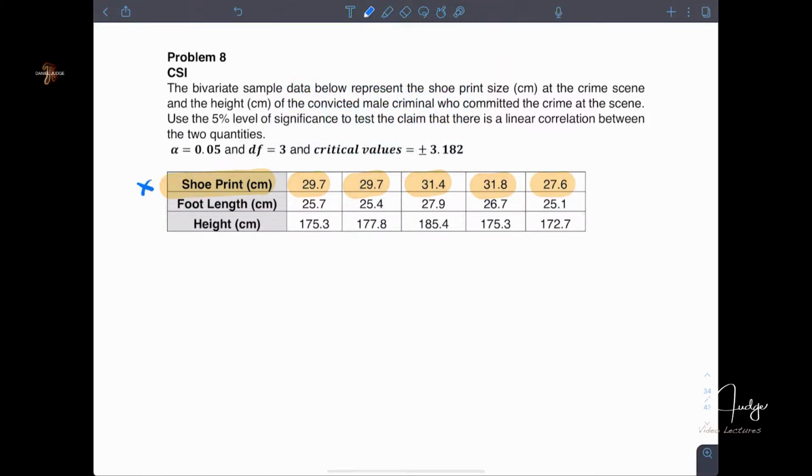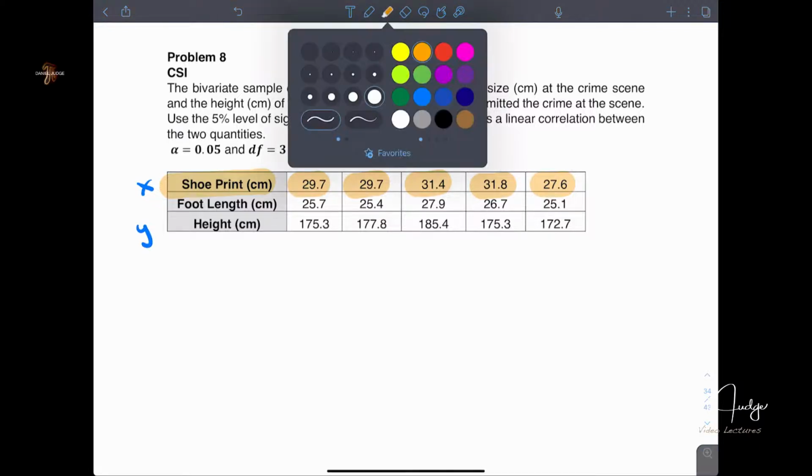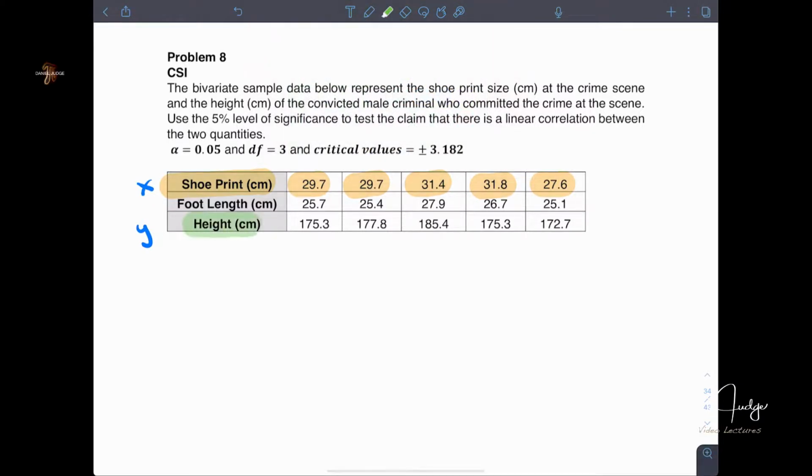And then the height. Is there a relationship between the height and the shoe print? Maybe. This is a nice CSI question. I like it. Data represents the shoe print and the height of the convicted male.